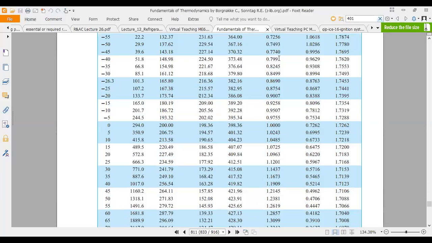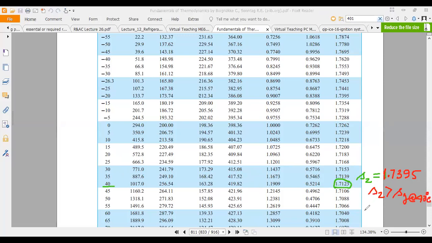The entropy value for the saturated vapor is 1.7123 at 40 degrees centigrade, but the S2 value, we have seen, is 1.7395. Therefore S2 is greater than Sg at 40 degrees centigrade.